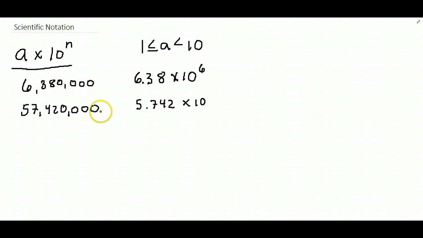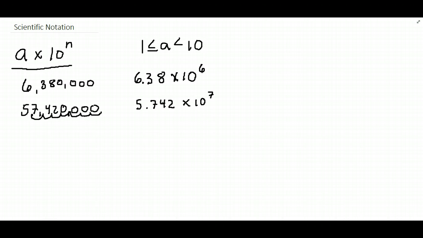So starting from the right, let's count our zeros over. So we have 1, 2, 3, 4, 5, 6, 7, times 10 to the 7th. The way I got that was from the right, I moved the decimal point over first to the ones spot, and then to the tens, hundreds, thousands, 10,000s, 100,000s, and so on. And so it's 5.742 times 10 to the 7th power.